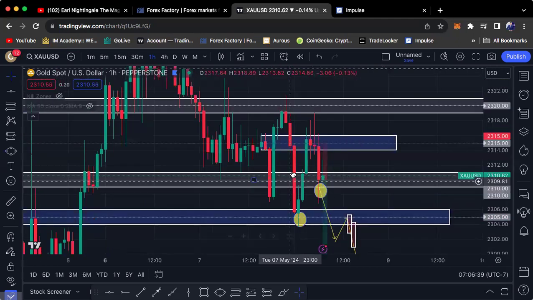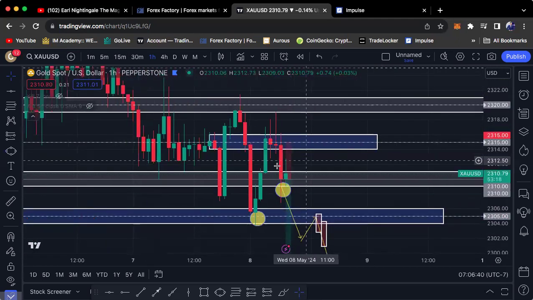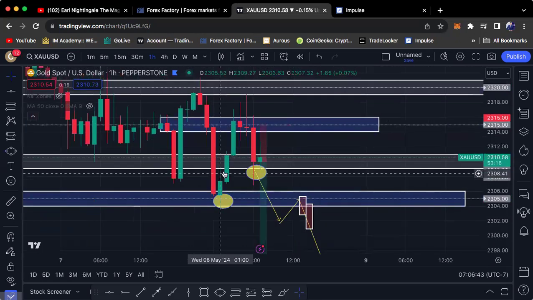Right now it's on a pullback. This is the retracement here.